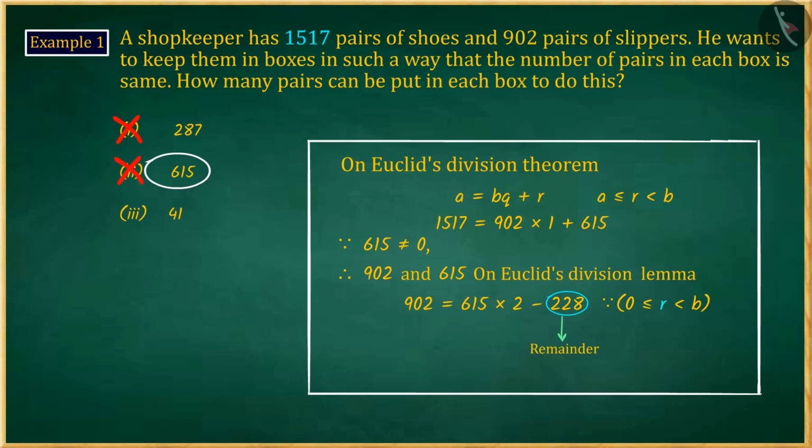It is either greater than or equal to 0. And in this procedure, we don't get 0 as the remainder value. This we also ignore. And for this reason, here, you consider 615 as the HCF of 1517 and 902. Hence, your answer becomes wrong.